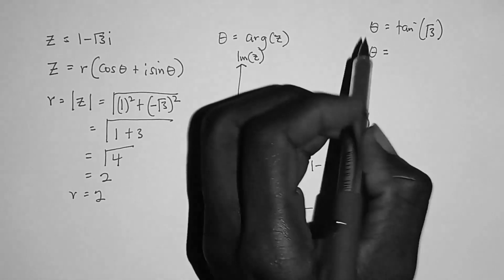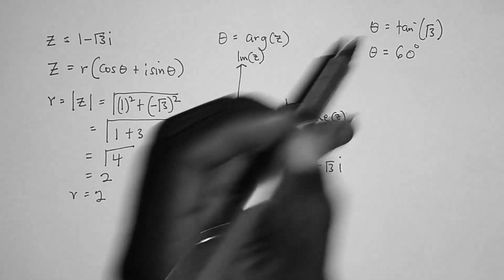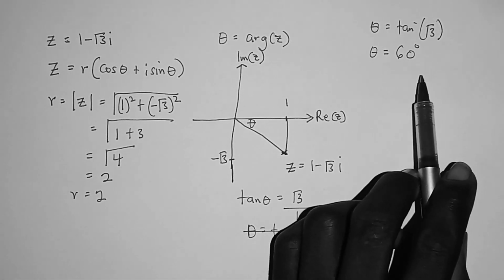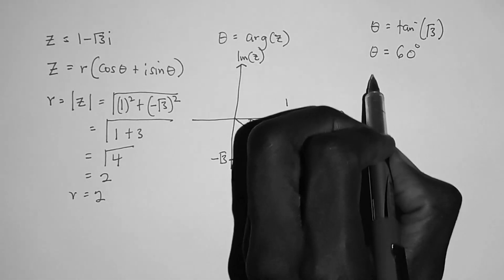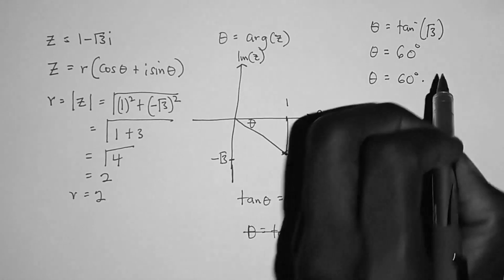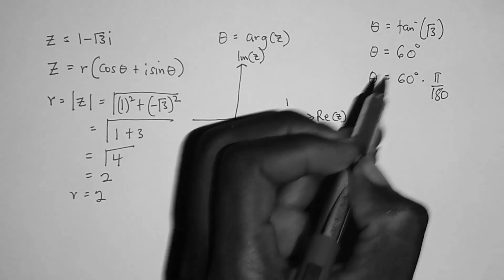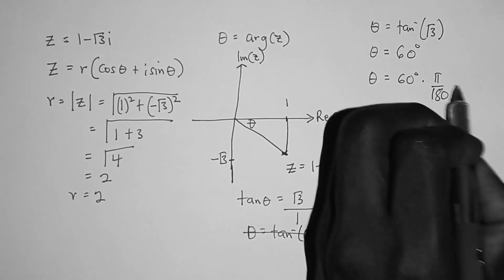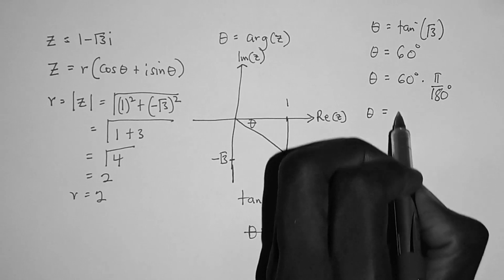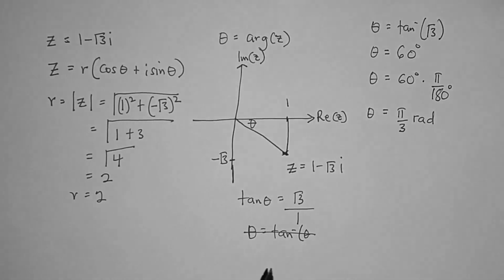Therefore, theta is equal to tan inverse of root 3, which is 60 degrees. But we need to convert theta to radians. So all we need to do is multiply the 60 degrees by pi over 180. And therefore, theta is equal to pi over 3 in radians.